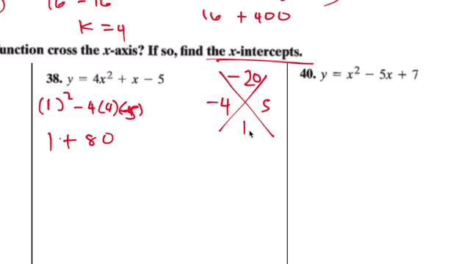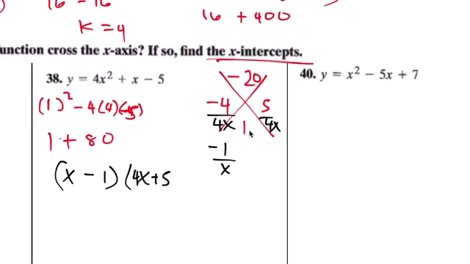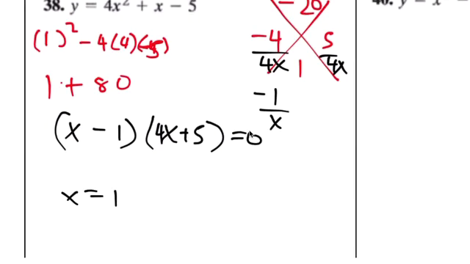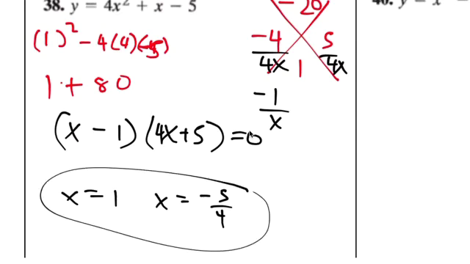Then find the solution: x minus 1, 4x plus 5 equal to 0, and then x equals 1 and x equals negative 5 over 4, right? Those are your solutions.